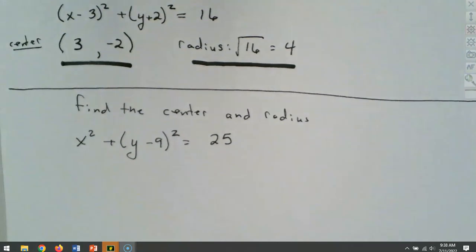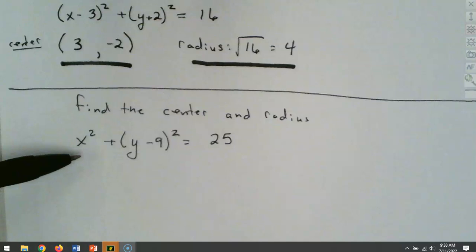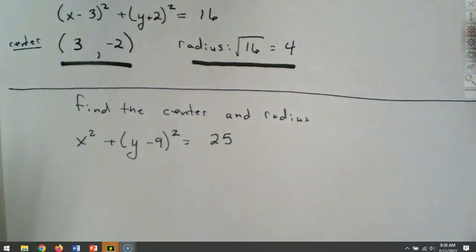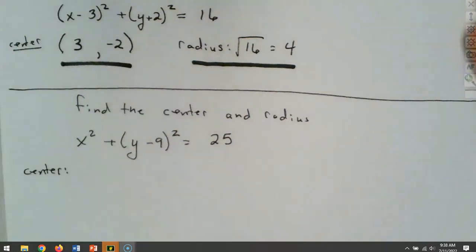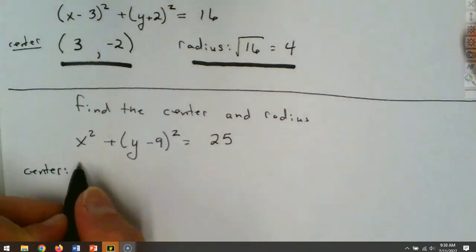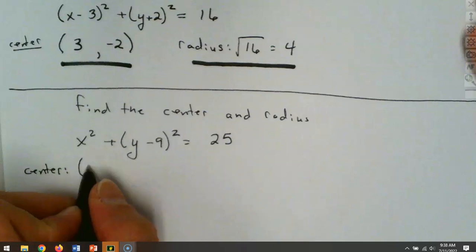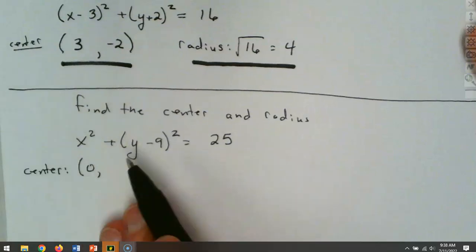Now, what's a little bit different about this one is when we look at the x part, we don't have a number with that x, do we? So if we don't have a number there, we're just going to use a 0. So what would my center look like? My center would be, there's no x number with that, so that's going to make it a 0. And then what about the y component?